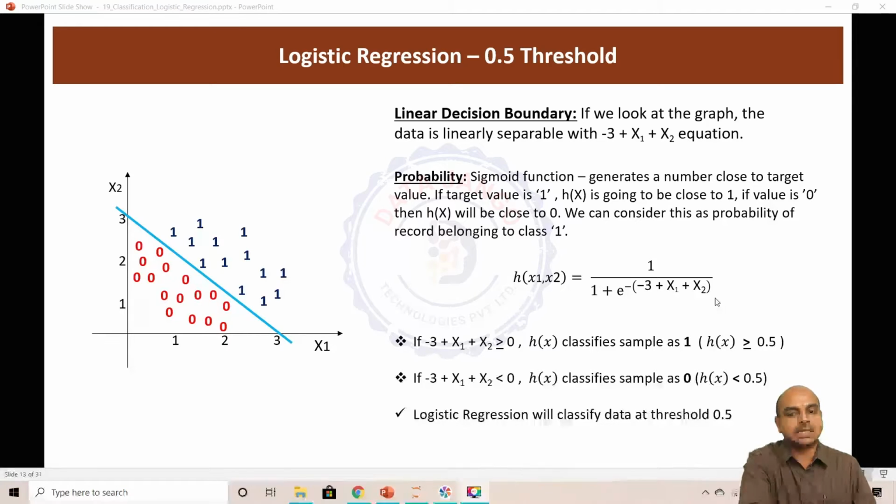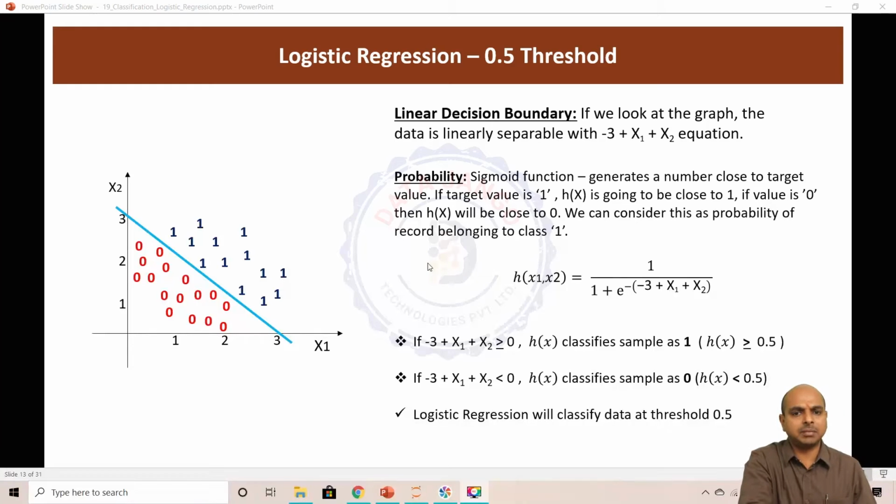So when you pass your train data and train the model, the logistic regression algorithm is going to find out the minus 3, the coefficient for x1 and the coefficient for x2: 1, 1 and minus 3. That is how it's going to look like here. So this is the linear decision boundary at a 0.5 threshold.